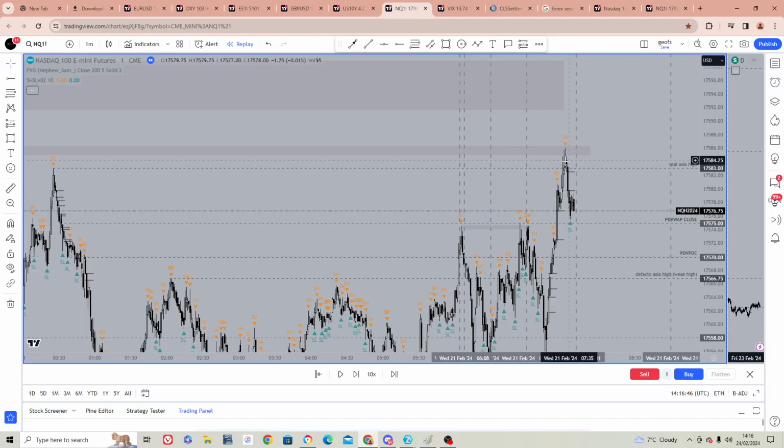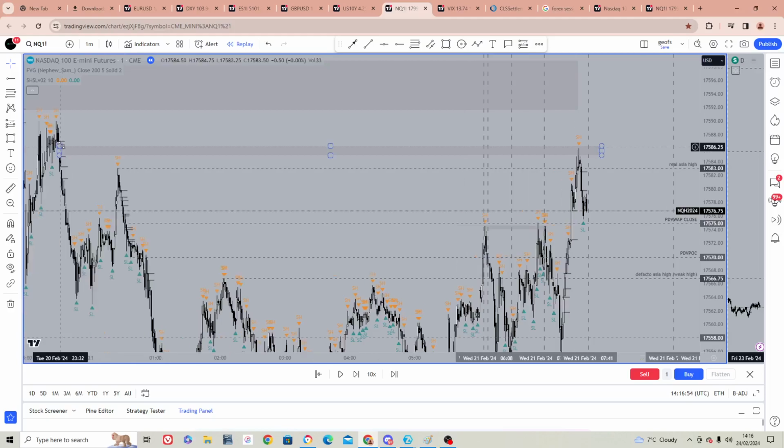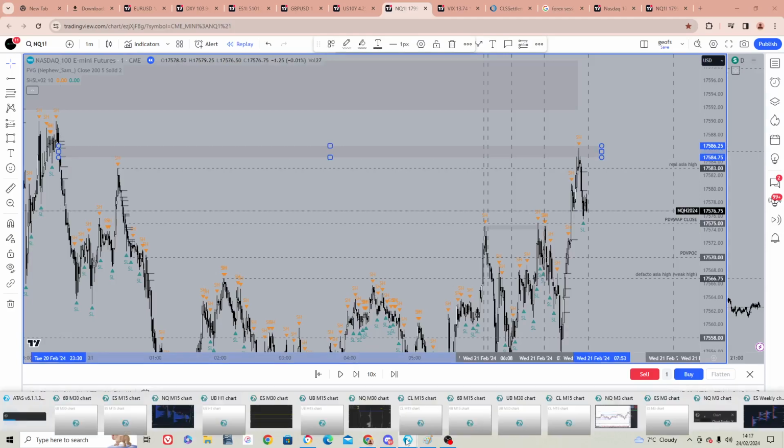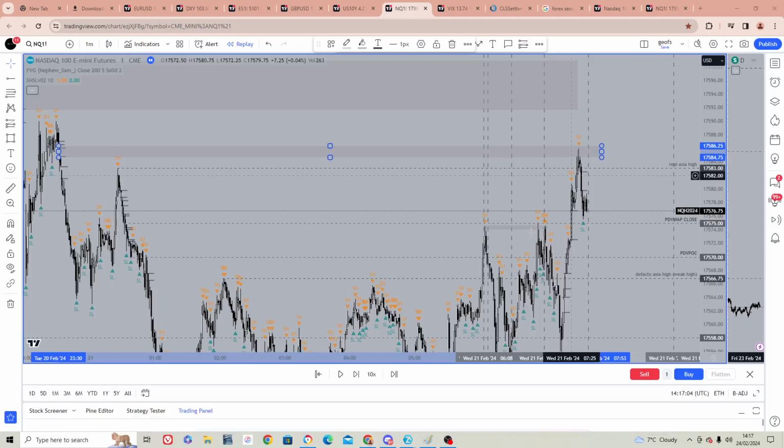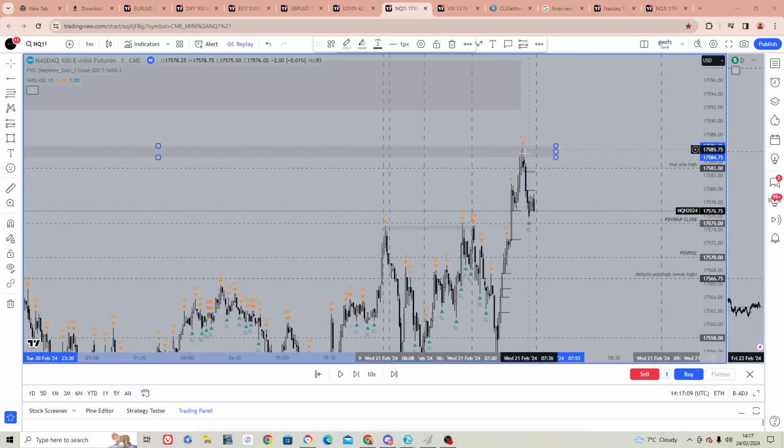Looks like it's failed, but all we were doing was resolving this unfinished auction and taking the Asia high. And we did have a hidden gap on the price action. Not really visible in the market profile, I appreciate that, but you should be able to use logic and just say, okay, we're resolving this unfinished auction on the 21st. So we get a sharp reversal.